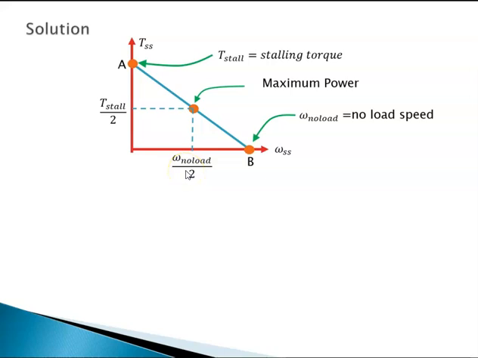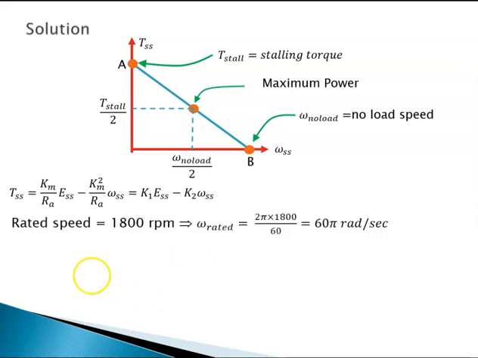Once we remember this graph, we will look at the data given in the problem and try to identify various numerical values. We note the torque speed characteristic, or the equation of this line, comes out to be something like this, and that the rated speed is 1800 rpm.